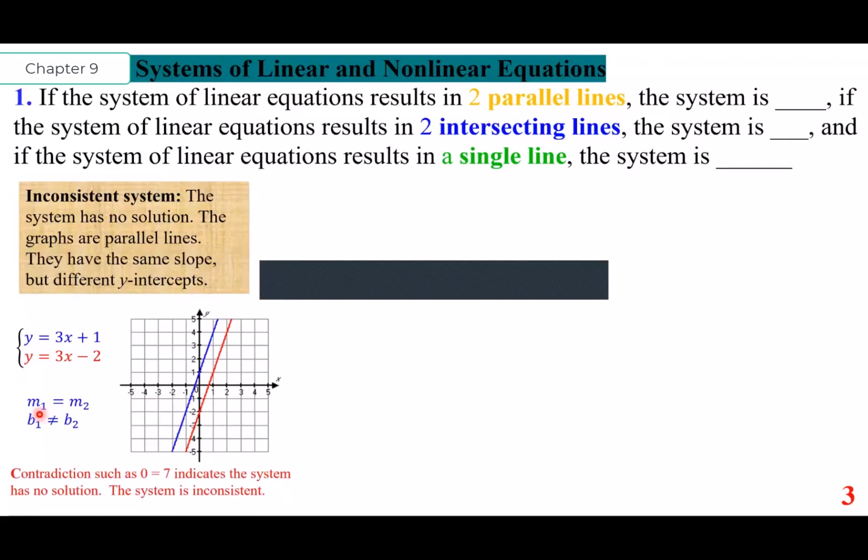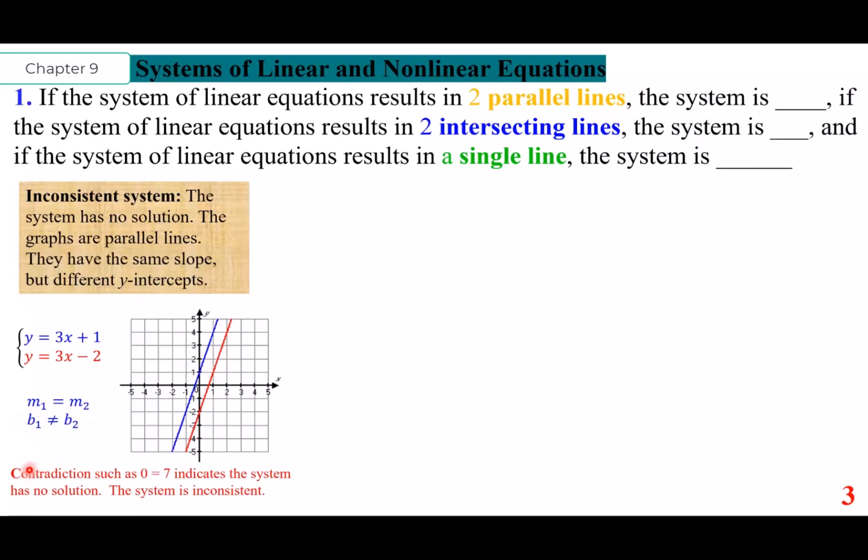Meaning, M1 equals M2, but B1 is not equal to B2. And if you go through the process of solving the system, such as the elimination method or substitution method, we end up with a contradiction such as 0 equals 7, 5 equals 2, things of that nature. So the system is inconsistent.